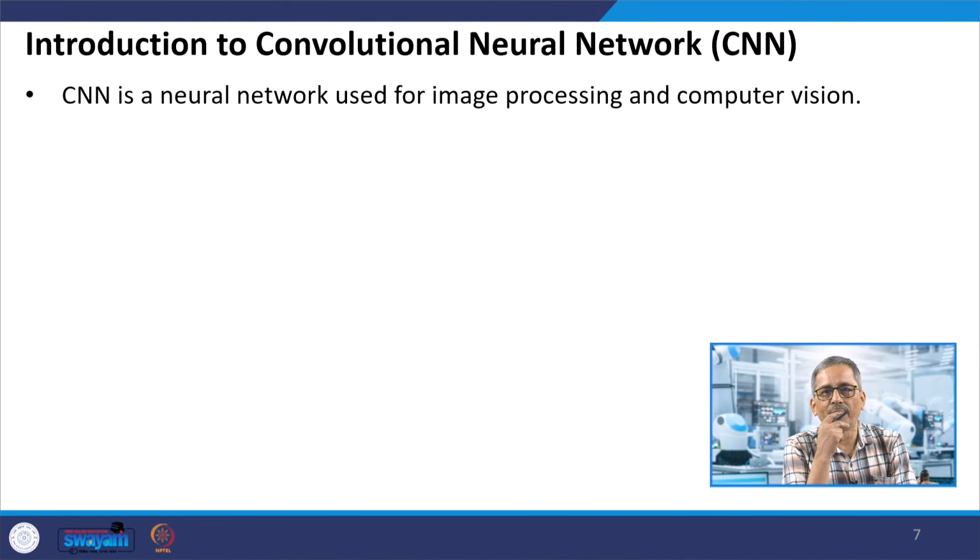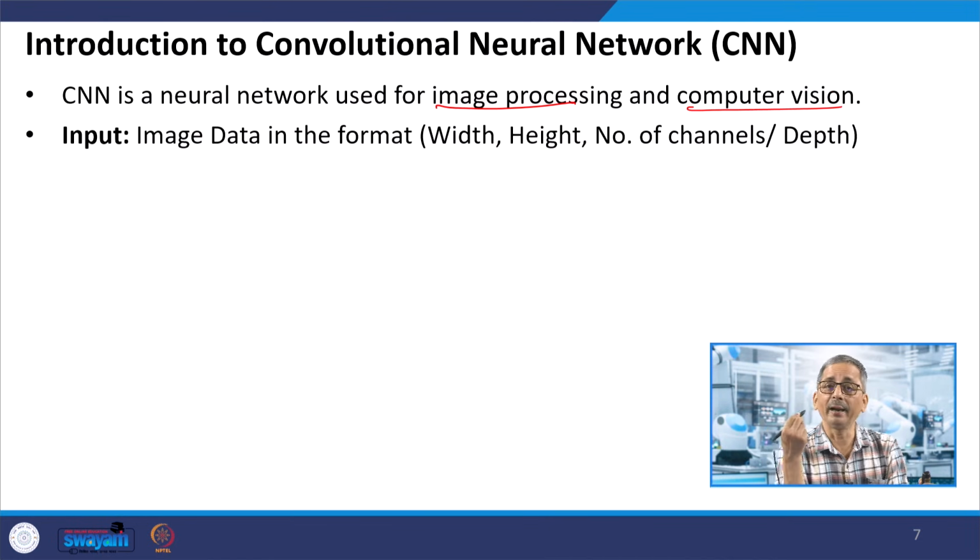Let us see what a CNN is. CNN is a neural network which is mostly used for image processing and computer vision applications. It is very important from the robotics perspective, as the robot has to identify the objects.